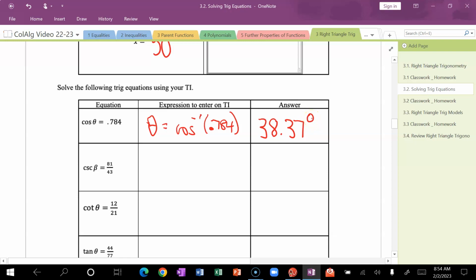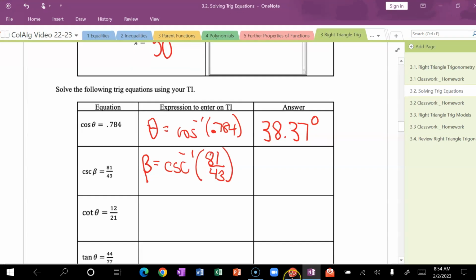Next one, cosecant of beta. I'm solving for angle beta. So angle beta is going to be equal to the inverse cosecant of 81 over 43.